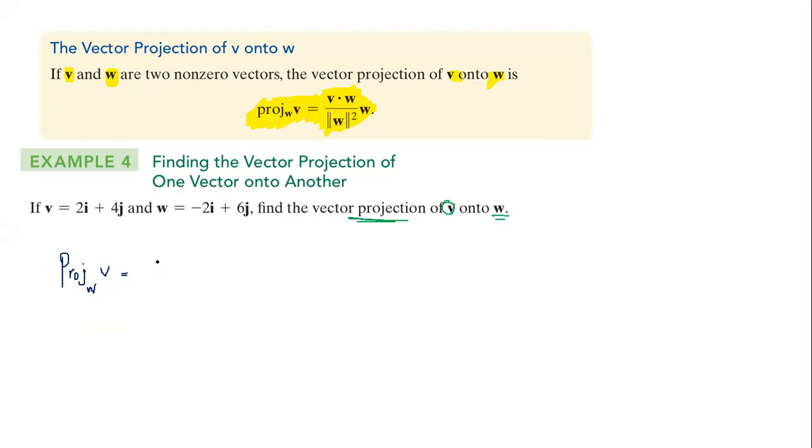Projection of V onto W equals V dot W over the magnitude of W squared, times W. V dot W is 2 times negative 2, so negative 4, plus 4 times 6.